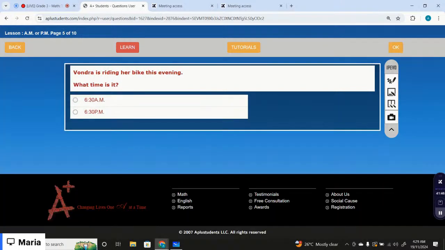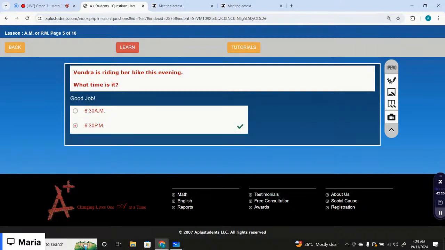Wondra is riding her bike in the evening. What time is it? Which is the correct option? In the evening, so that would be 6:30 p.m. Option number 2 is the correct option.